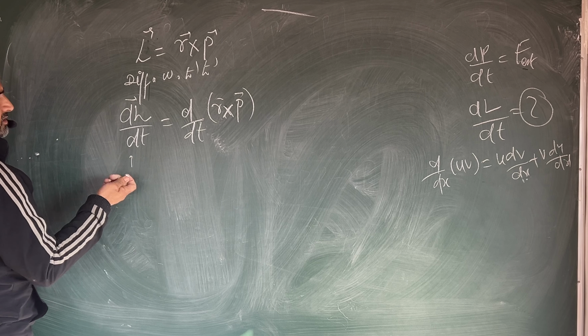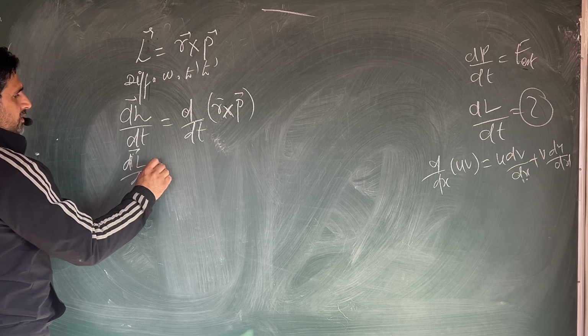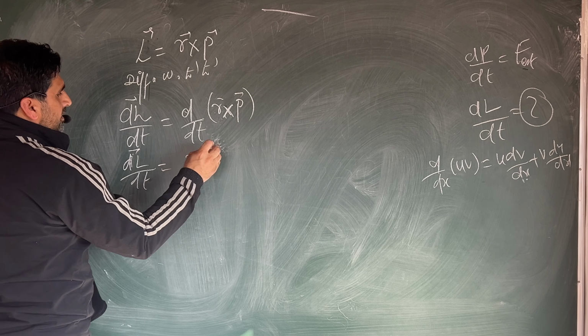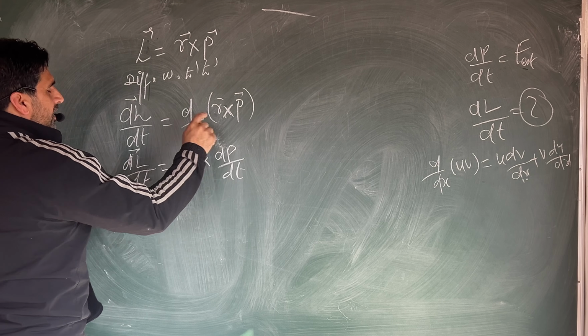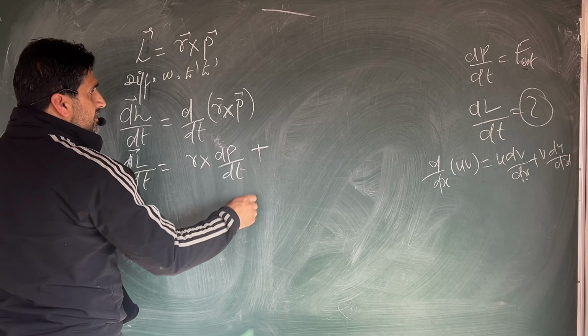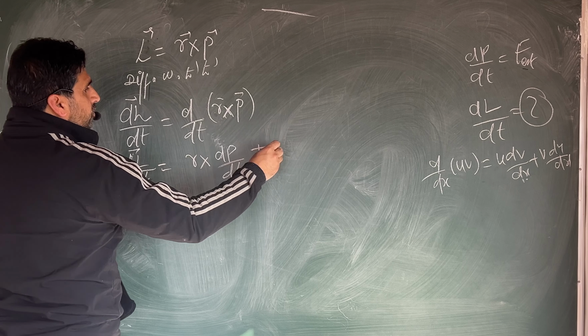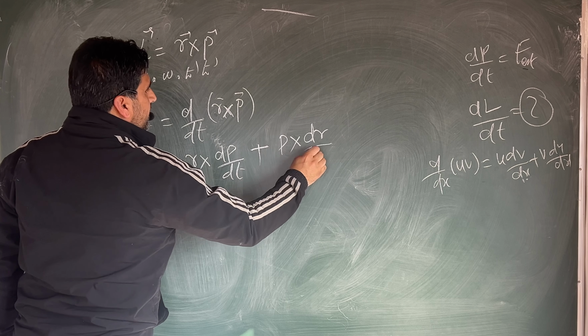So differentiating, dL by dt comes out to be equal to r cross dp by dt. We keep r as it is and differentiate p, plus, now we keep p as it is, p cross dr by dt.